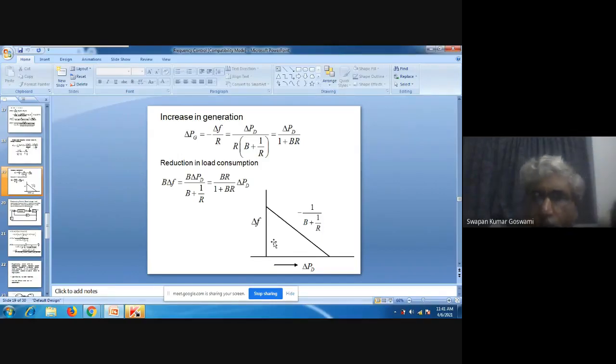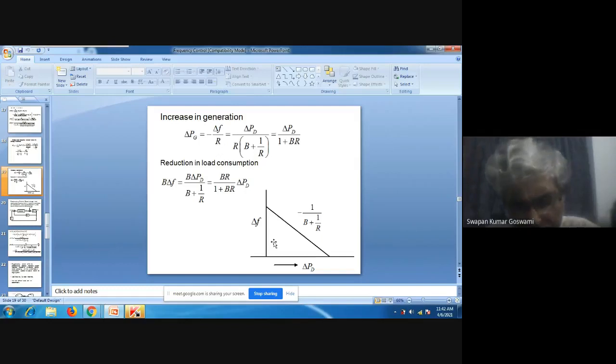Am I clear? Could you understand this statement? That means if you install a speed governor, and you do not change the speed changer position, that is, you are not giving any external input to the speed changer to change the power output of the generation, then because of the variation in load, frequency will vary.